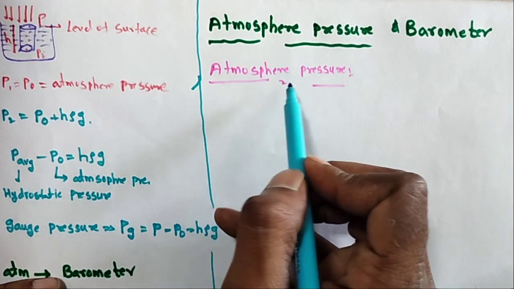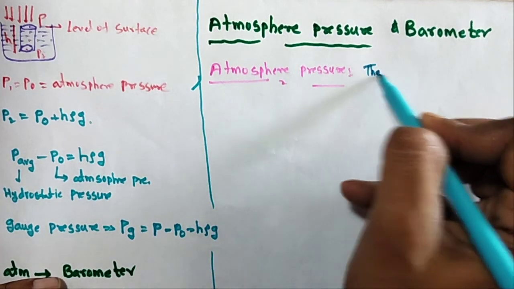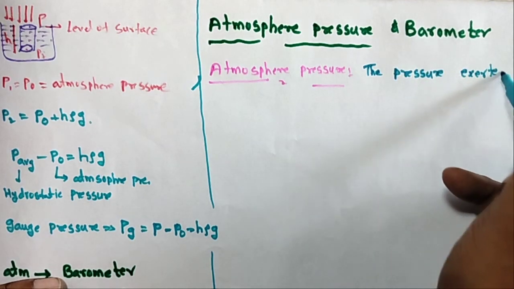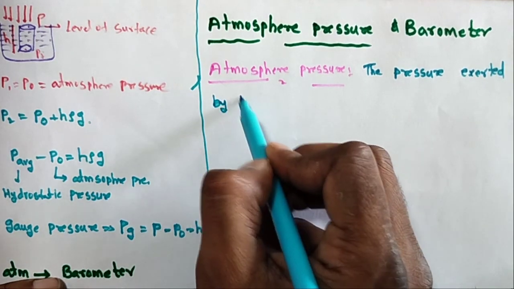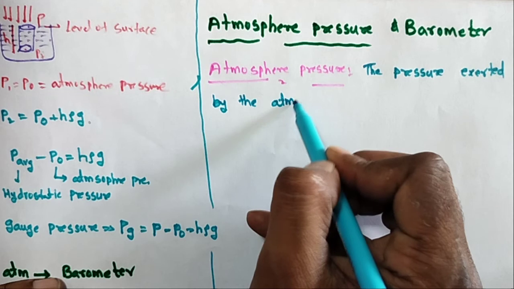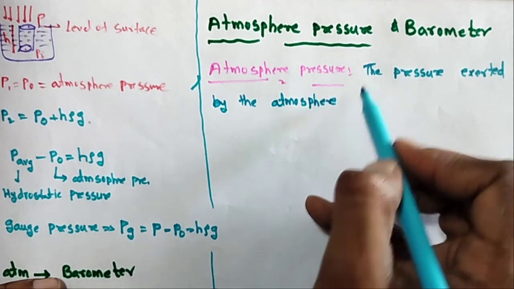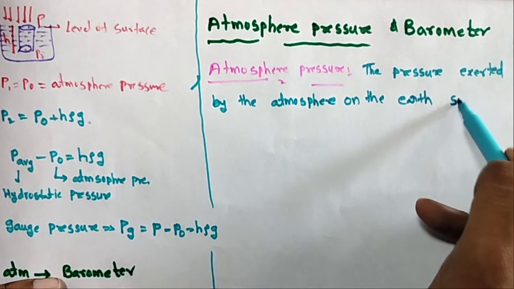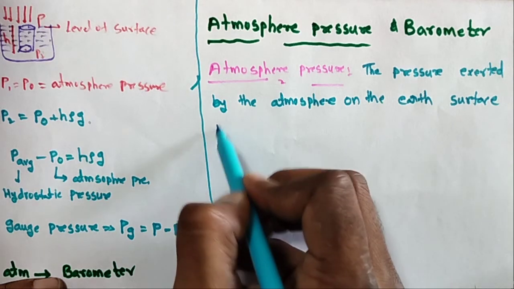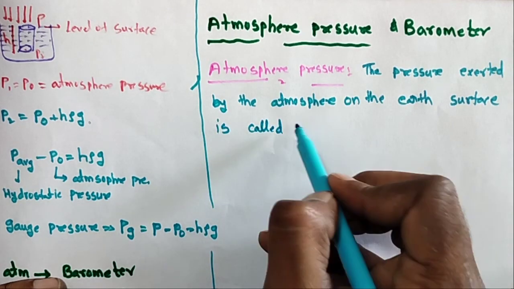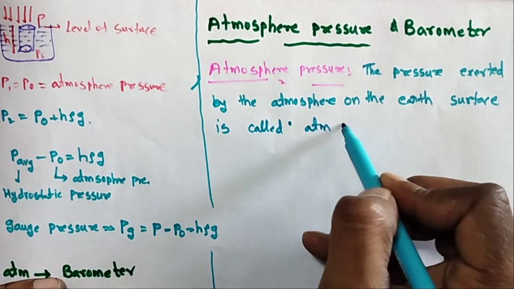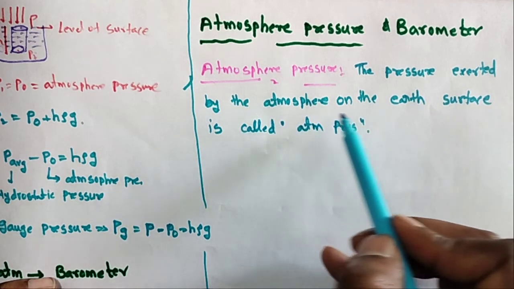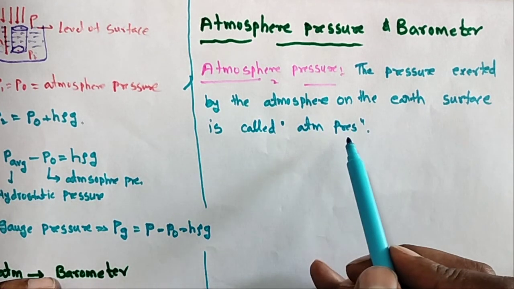Here is the definition of atmosphere pressure: the pressure exerted by the atmosphere on the earth surface is called atmosphere pressure.